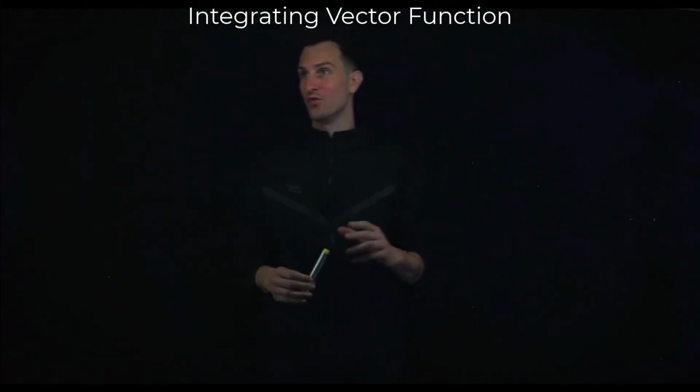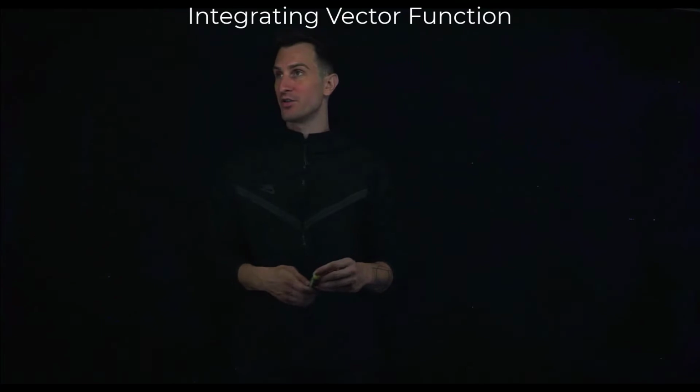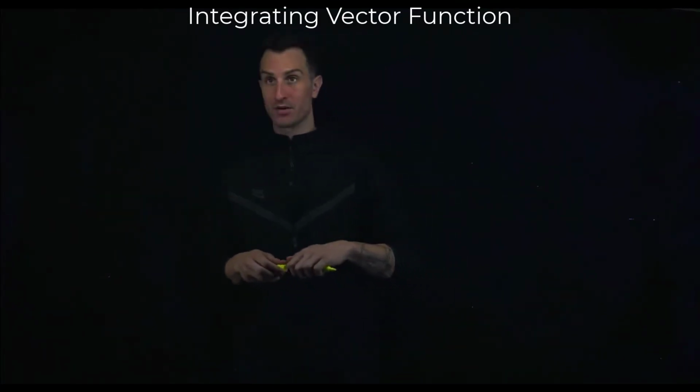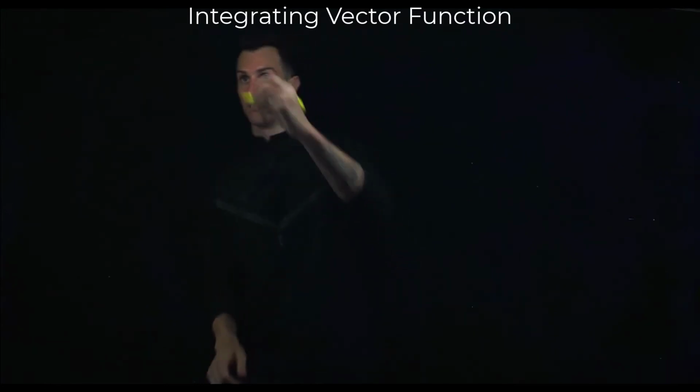Welcome in. We're going to do one more integration problem, except now we're going to do integrating by parts. Okay, so let's go ahead. I'll give us an example of what we're going to solve.